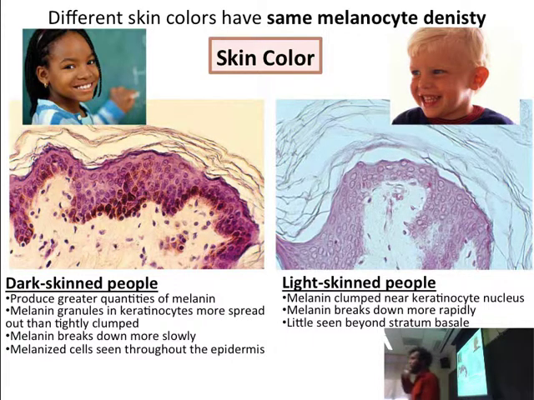Same number of cells, just turned up. That's it. And they are more diffusely spread out. So their packages of melanin are spread out to more of the surrounding cells, offering these people more protection from the deleterious effects of the sun. Yeah, and the melanin that they produce is also broken down more slowly, so it resides longer in the cell.